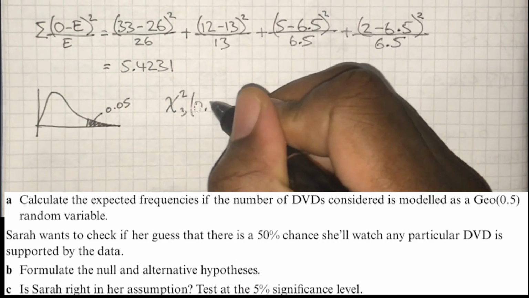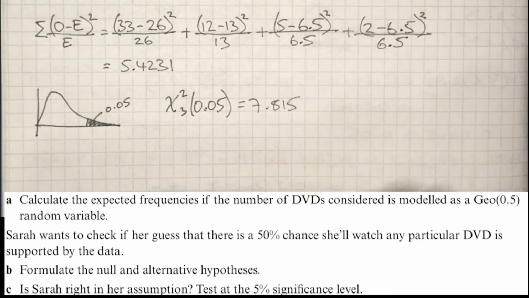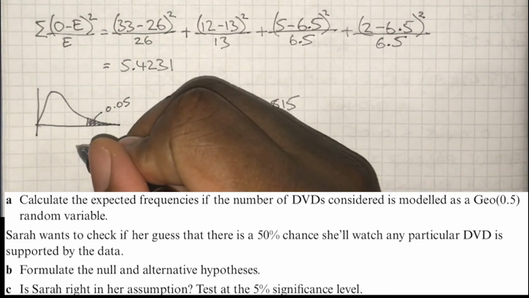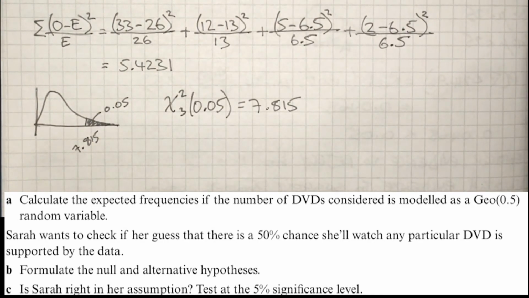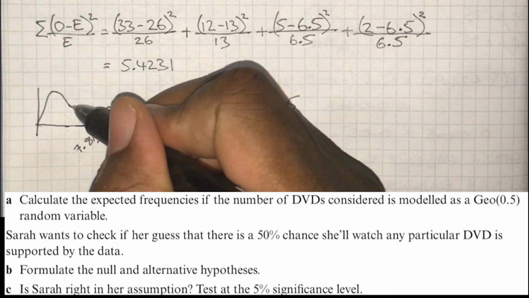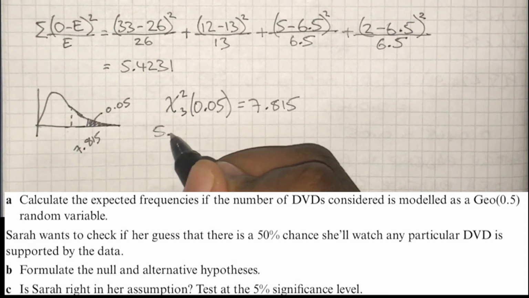Okay, so looking up in the tables, the chi-squared score, which is exceeded by 5% when there are 3 degrees of freedom, is 7.815. From there, we want to make a comparison, and our test statistic is smaller than the chi-squared value, so we do not have a significant result.